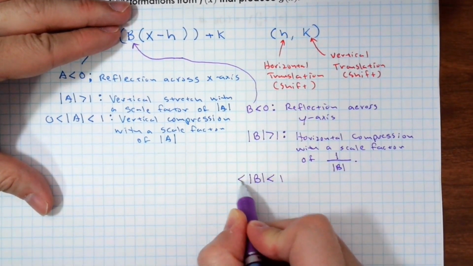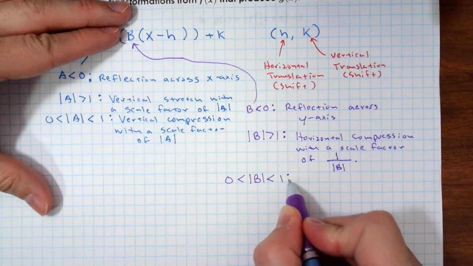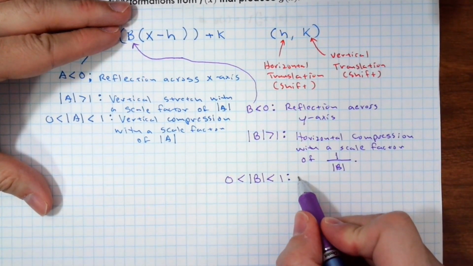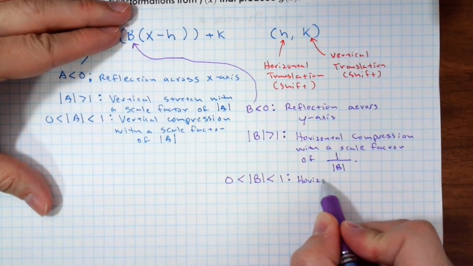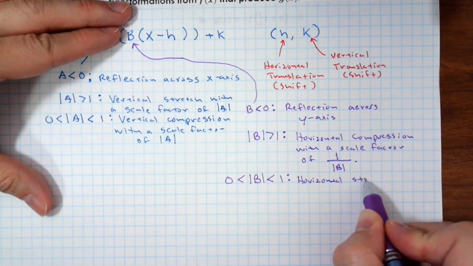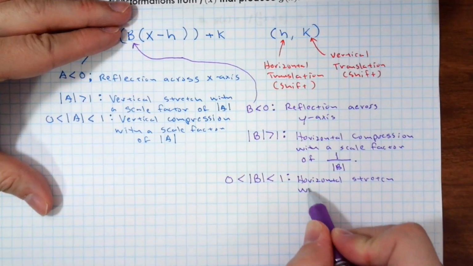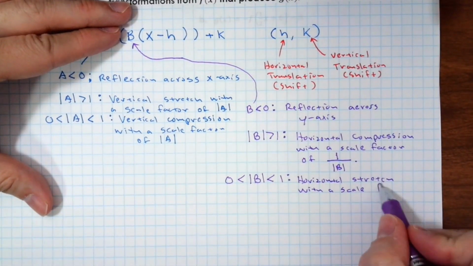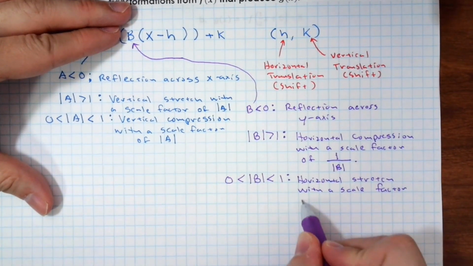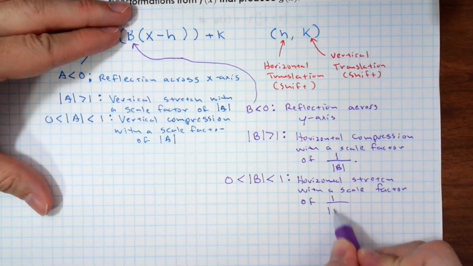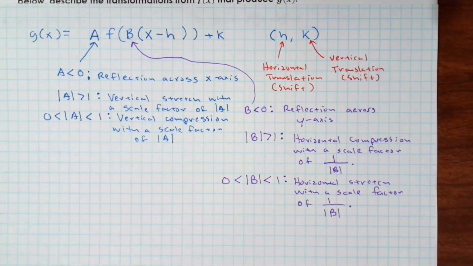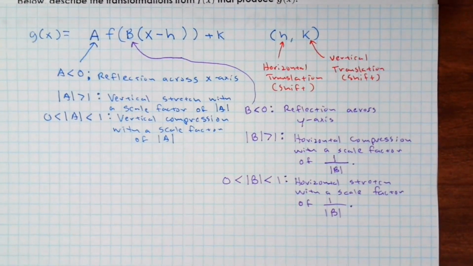Now, if the absolute value of b is between 0 and 1, we have a horizontal stretch with a scale factor of 1 over the absolute value of b. There's a lot of information there. So this is just a quick review of transformations.